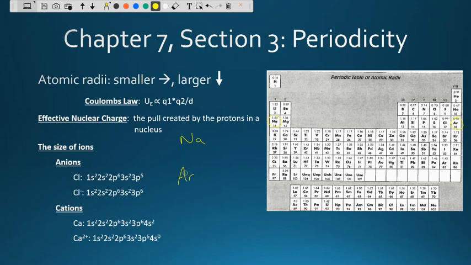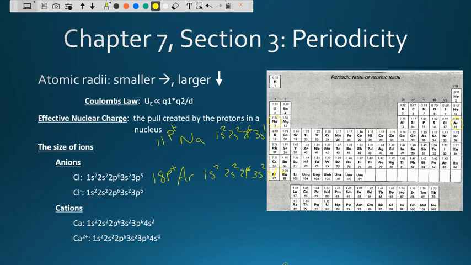And so we see sodium has 11 total protons, and it has an electron configuration of 1s2, 2s2, 2p6, and 3s1. All right, if we're comparing forces, argon has 18 protons, and it has 1s2, 2s2, 2p6, 3s2, 3p6.